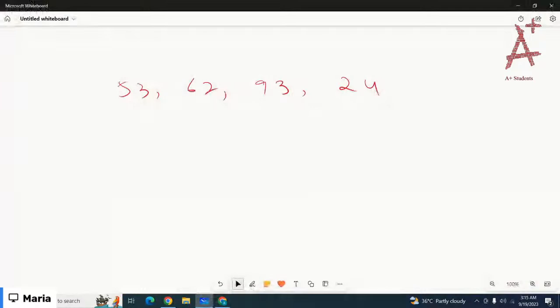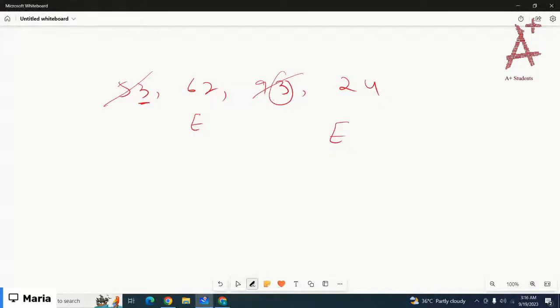Even numbers are the ones that are divisible by 2, so you have to see their ones digit. Here you have 3, and 3 is an odd number, so 53 is not even. 62 is an even number. 93 has 3 here, so 93 is an odd number, and 24 is an even number. So 62 and 24 are the even numbers.